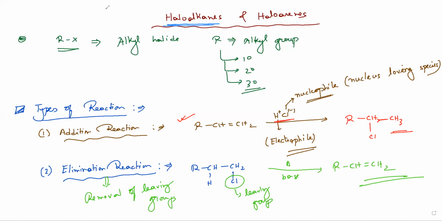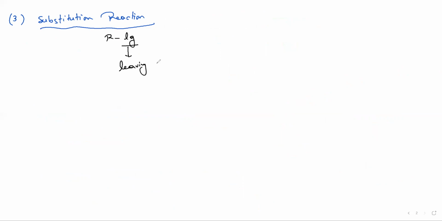The third one is substitution reactions. For substitution reactions, suppose we write it this way: a compound R-Lg, where Lg represents any leaving group, and a nucleophile. The nucleophile attacks at this position, this bond breaks, and we get R-Nu while the leaving group is eliminated. So the Lg part leaves and the nucleophile substitutes for Lg.